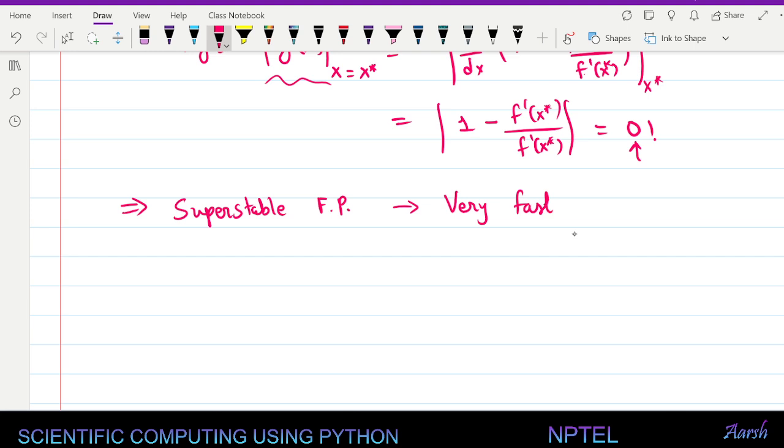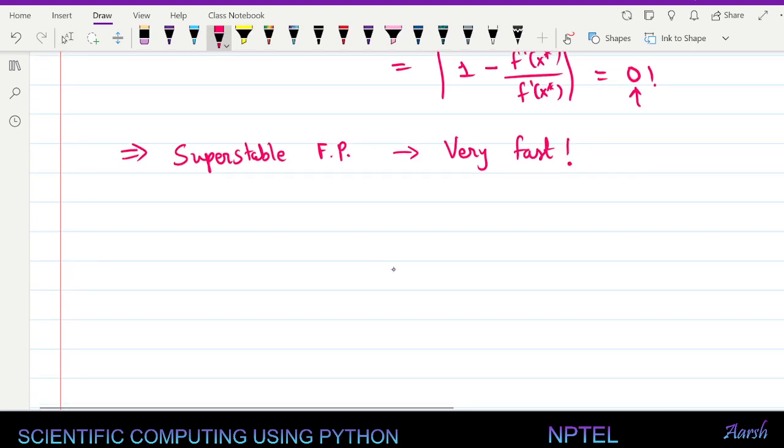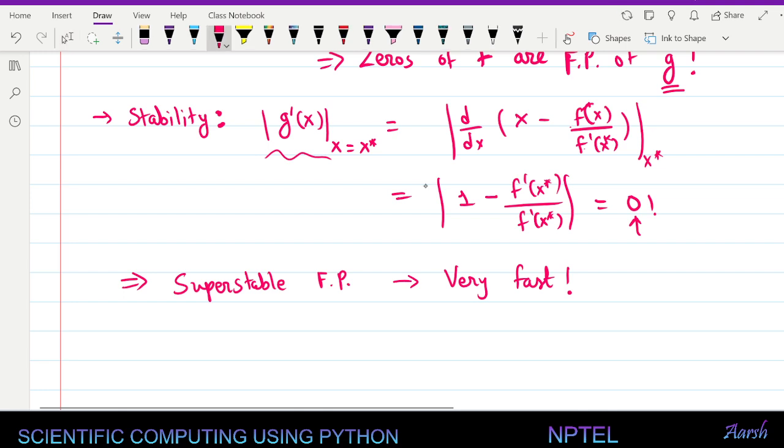Okay, it's faster than exponential. So if you didn't understand, just take my word for it that the reason is that it is a super stable fixed point, and that's why it is very fast.